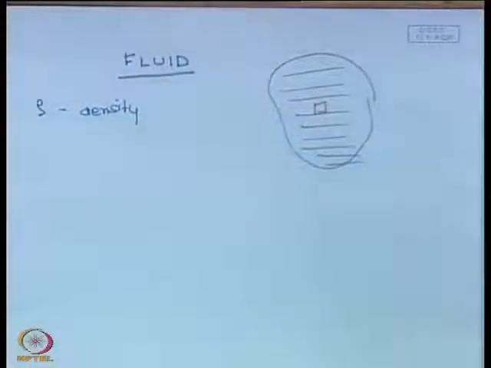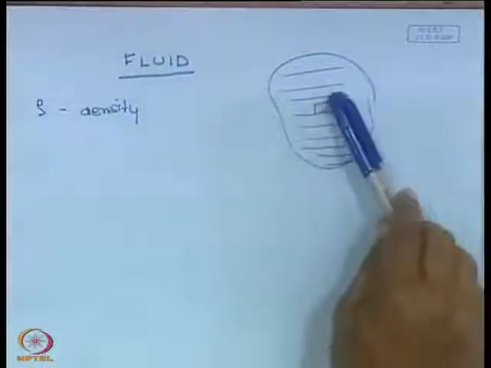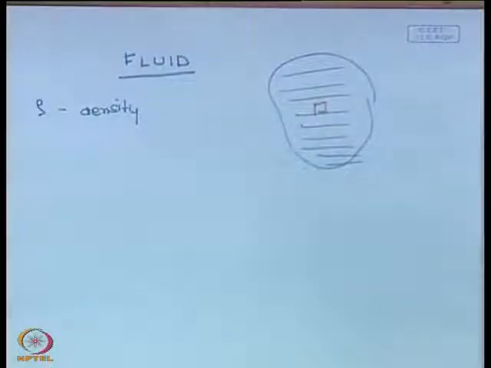If I take a small volume here, the density tells us the mass in this small volume. That is one of the things that we use to describe any fluid. It is a macroscopic quantity. If you look at it microscopically, you will find that there are discrete particles, but we are going to average the mass and use the density to describe it.